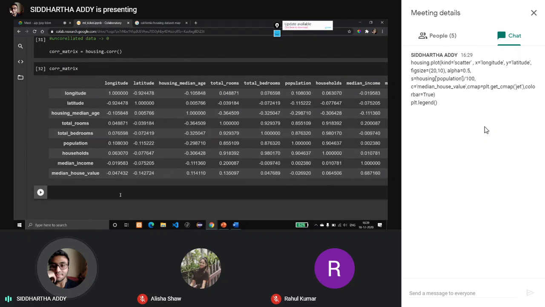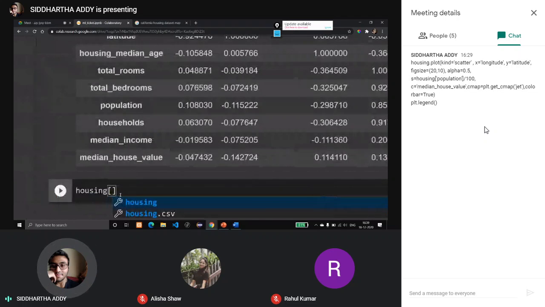So we are only concerned about one attribute, that is the median house value. That is the final attribute that we have to predict. So let's just select that particular median house value column. Let us first select it.